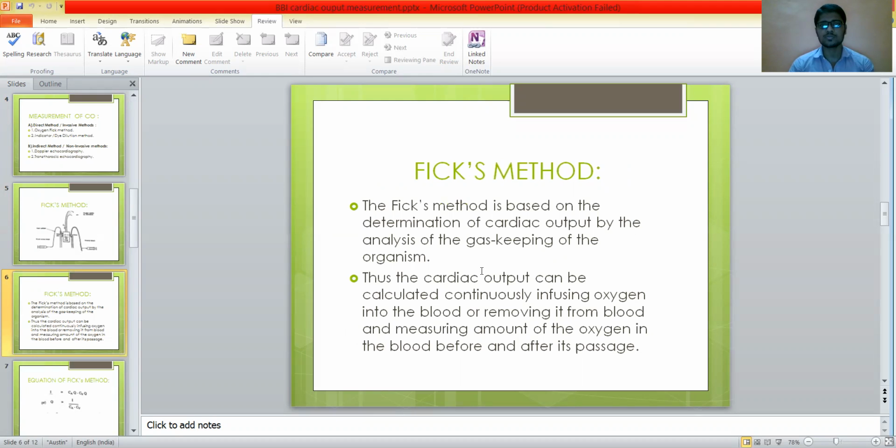Thus, the cardiac output can be calculated by continuously infusing oxygen into the blood or removing it from the blood, and measuring the amount of oxygen in the blood before and after its passage.